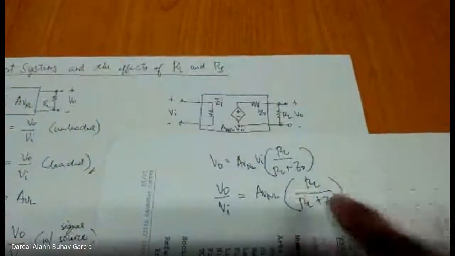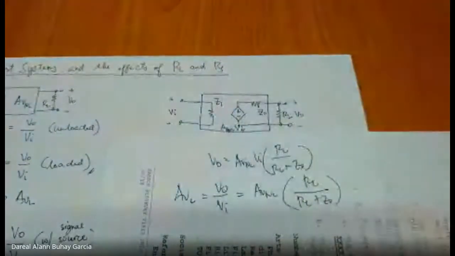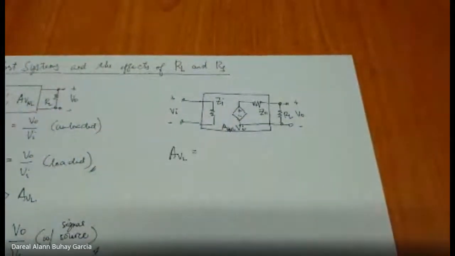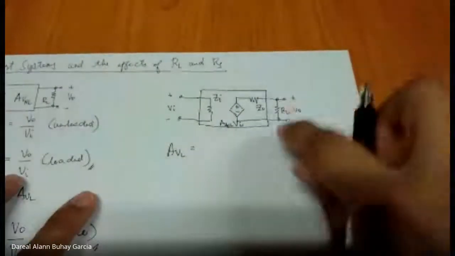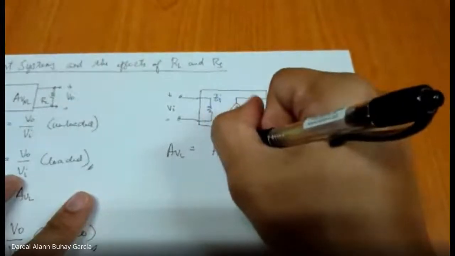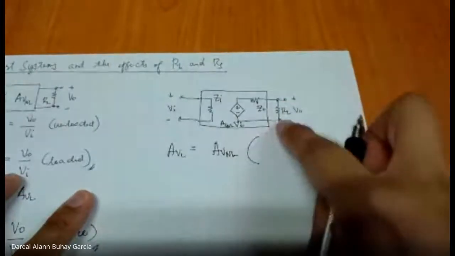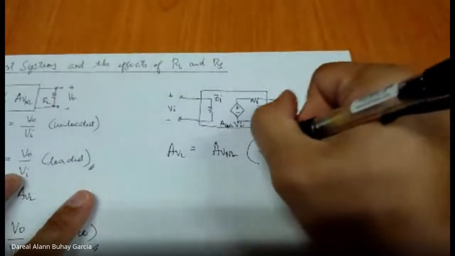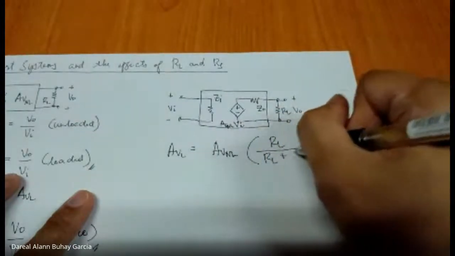So first is our voltage gain, right? VO over VI, the loaded voltage gain. Our loaded voltage gain then is equal to AV NL times RL over RL plus ZO.